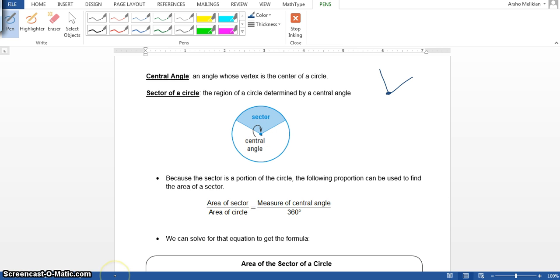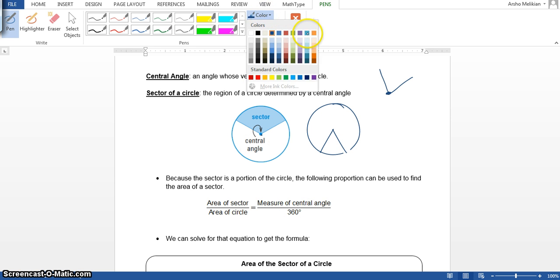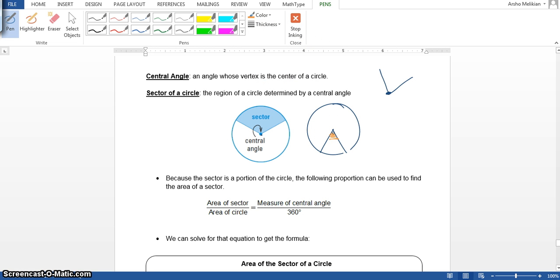Now, suppose this was a pizza. And you cut out a slice of pizza for yourself. Let me just shade in that slice. That slice of pizza in mathematical terms is called a sector.